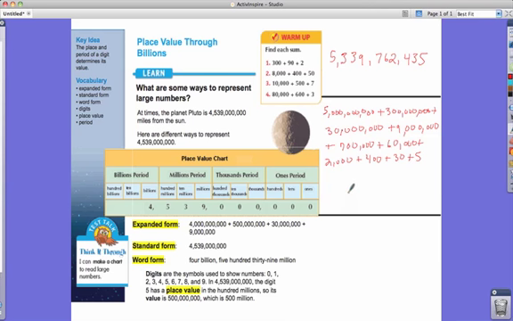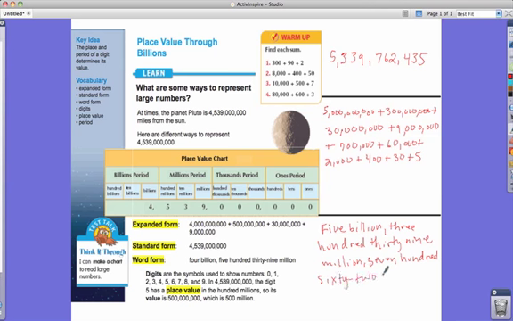Now the next step is we want to take this number in expanded form and place it in word form. Now it may take a moment, but bear with me. So we want to spell the word out. 5 billion, 339,000,000, right? 762.